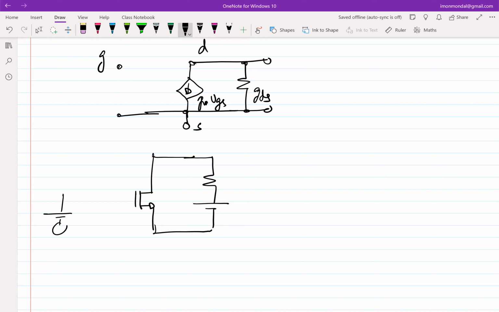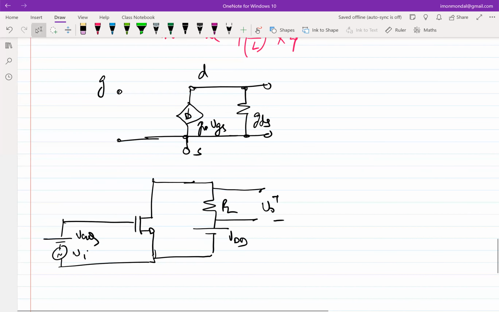Let's say we know how to bias it and we don't have to bother too much with biasing, and we are taking output across V0. So how does the thing change here? If I have to go from this transistor model to the incremental model, what should I do, let's say at the input side?